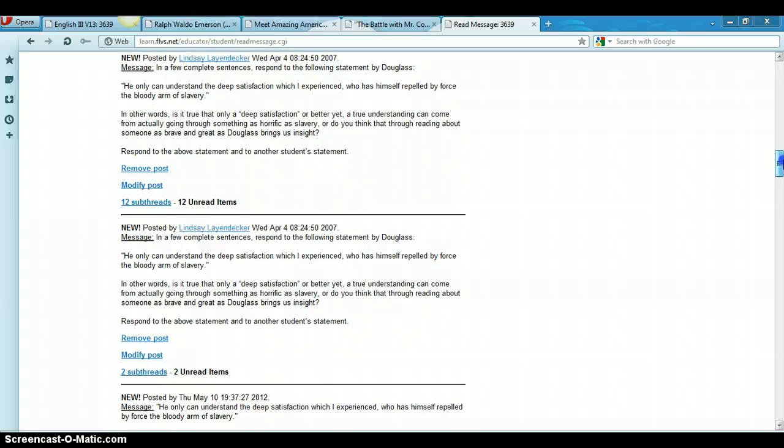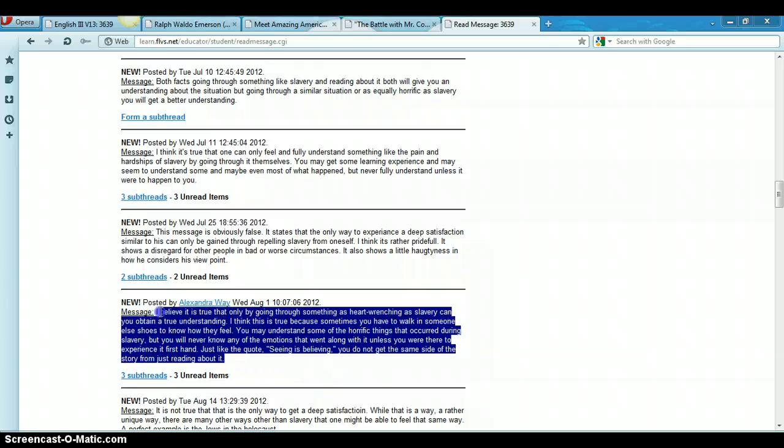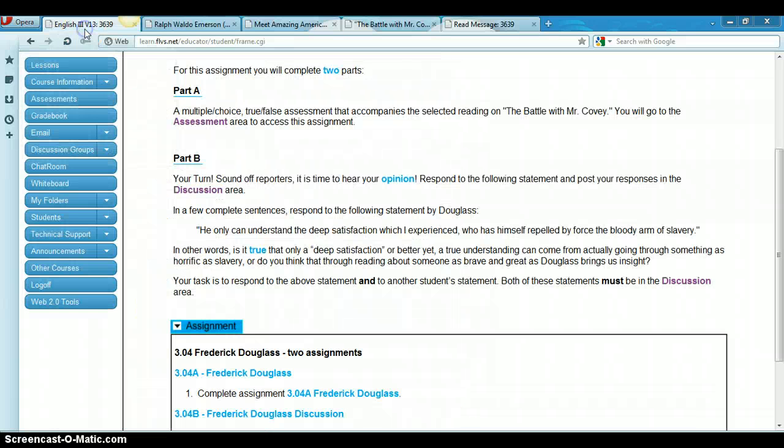Make sure you answer in 3 to 4 sentences, and then give the name of the student that you responded to. Then you're going to copy your response, and you are going to go into assessments and turn it in for 304B. All right, let's keep going.